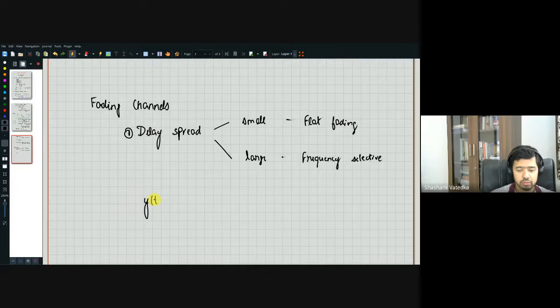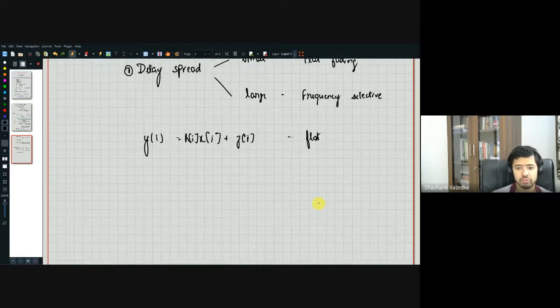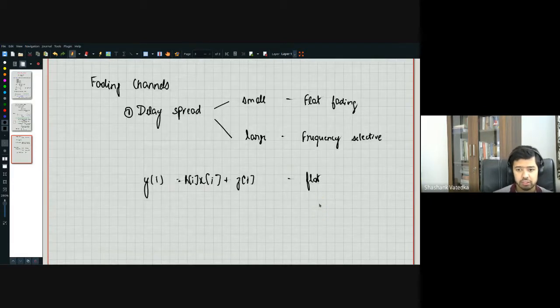So one model: let's say y of i is equal to h of i, x of i plus z of i. Okay, so this would be a flat fading channel, sometimes called a frequency flat channel.